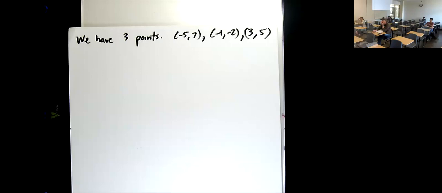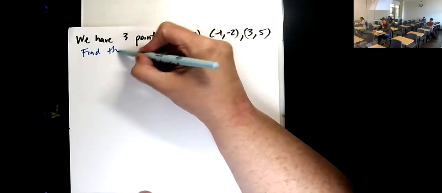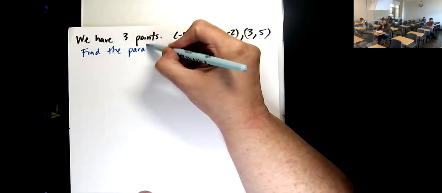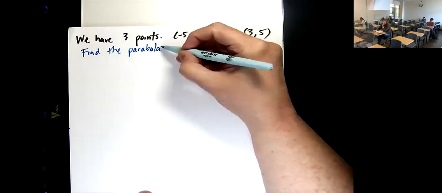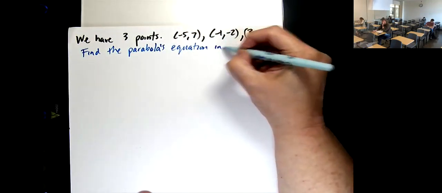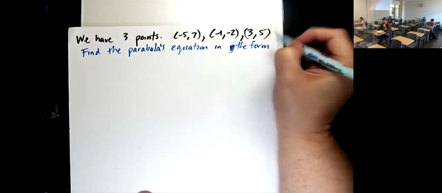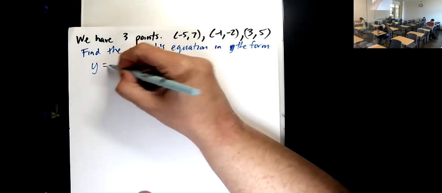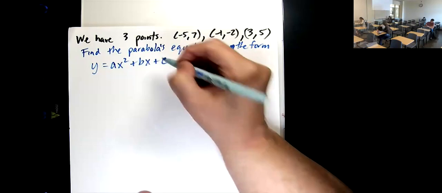And I want an equation, find the parabola's equation. You'll find this is a parabola when we do it. In the form y equals ax squared plus bx plus c.